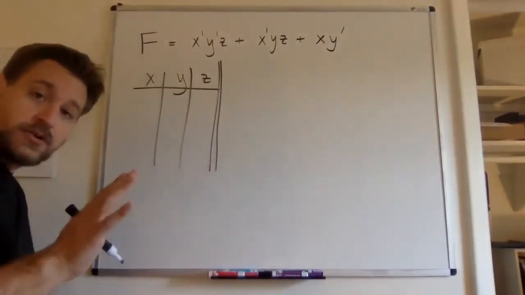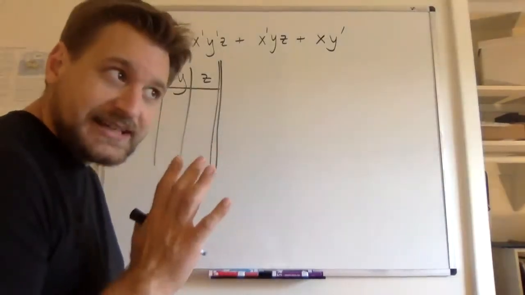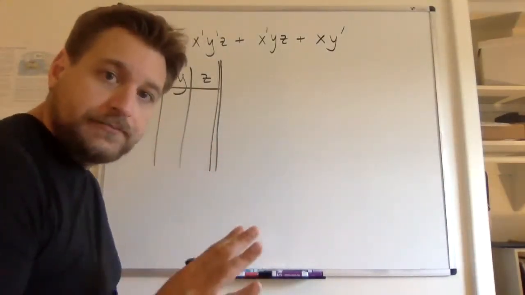The easiest way to make sure we get all 8 is to count up from 0 in binary.